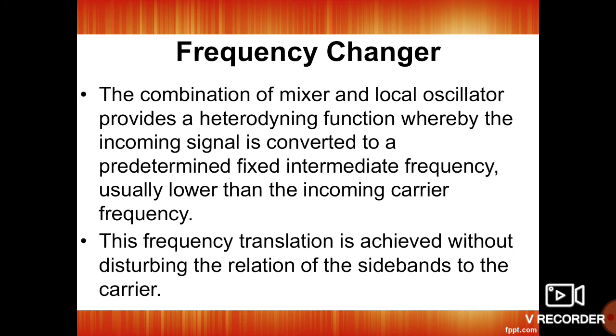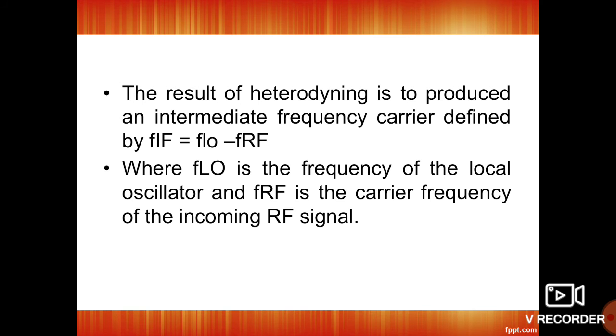We can simply name that combination the frequency changer, for the heterodyne function, which is used to convert to a predetermined fixed intermediate frequency, usually lower than the incoming carrier frequency.